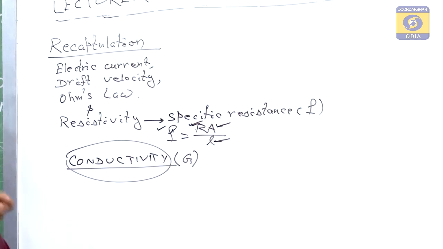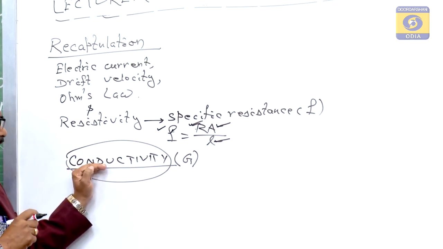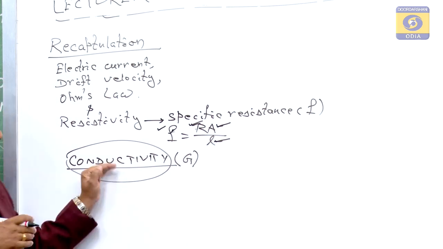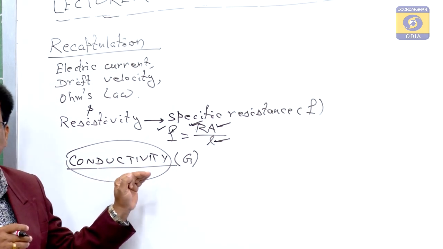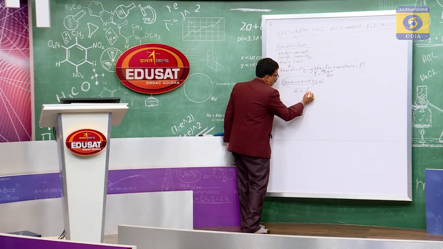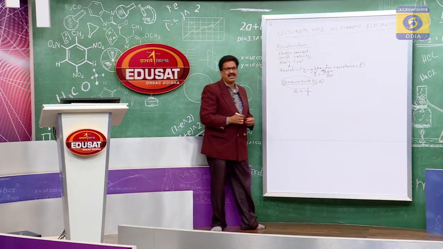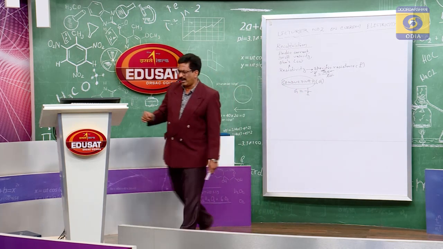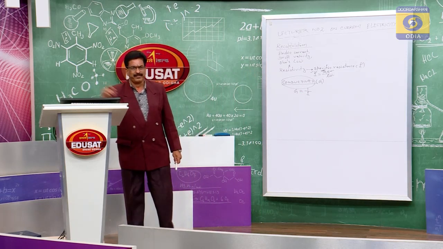Conduct means to absorb. So, a body which absorbs more or less, according to that we go for its conductivity. This conductivity is equal to the reciprocal of the resistivity. Conductivity is defined as the reciprocal of the resistivity.